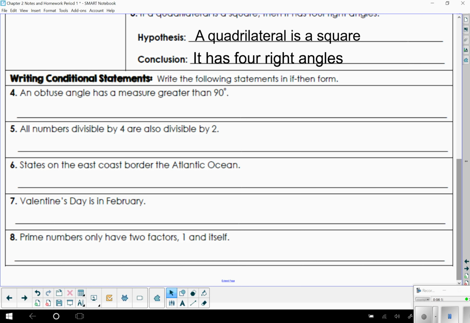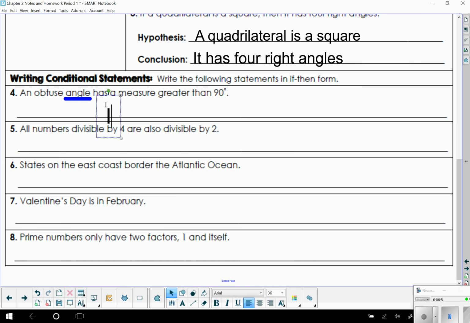So with this one, the obtuse angle is your object, but you don't want to use the describing part of the angle. So you're actually going to just use the angle. For some reason, this is not working very well. So that is your object.